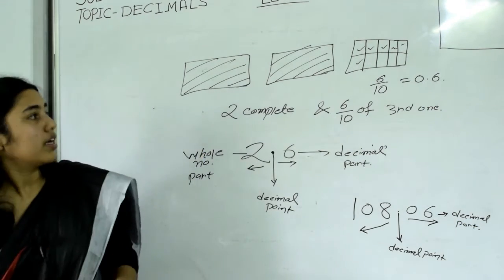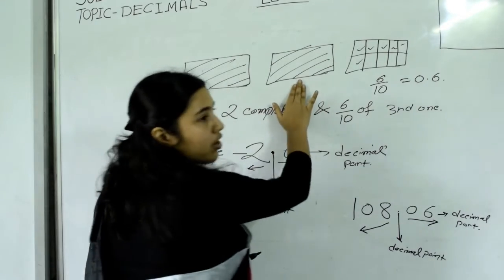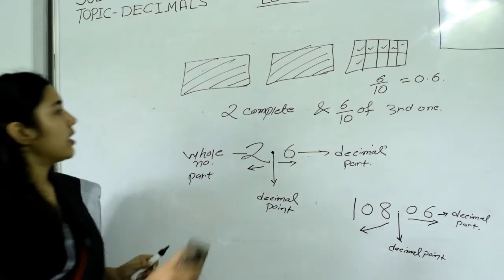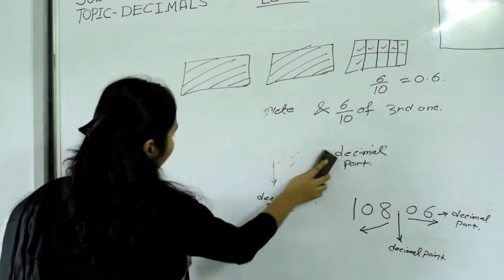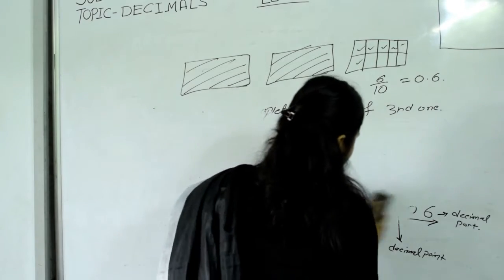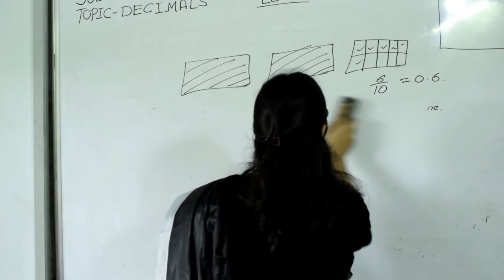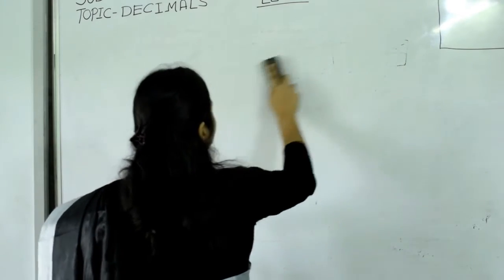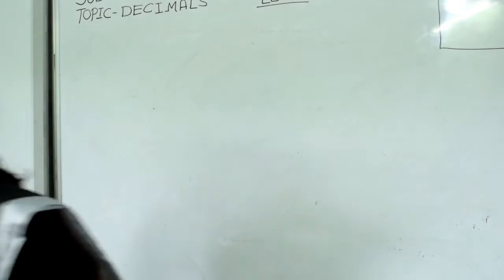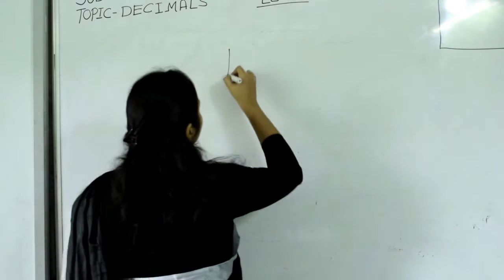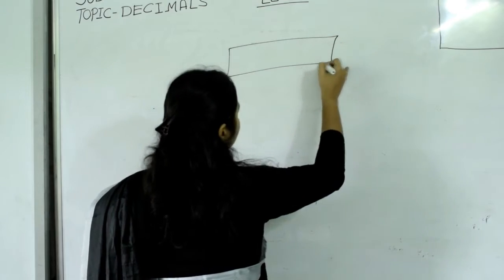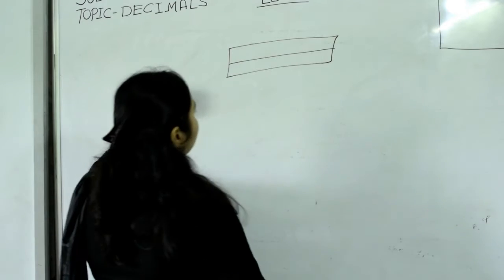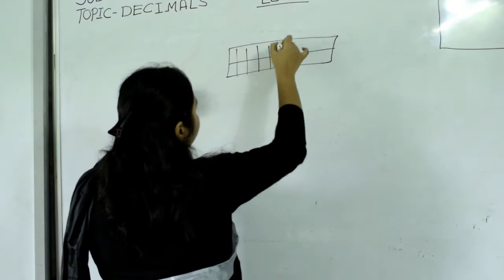Next we will see if we divide the same chocolate into 100 equal parts, then each of the parts is known as hundredths. Consider this chocolate and divide it into 100 equal parts.